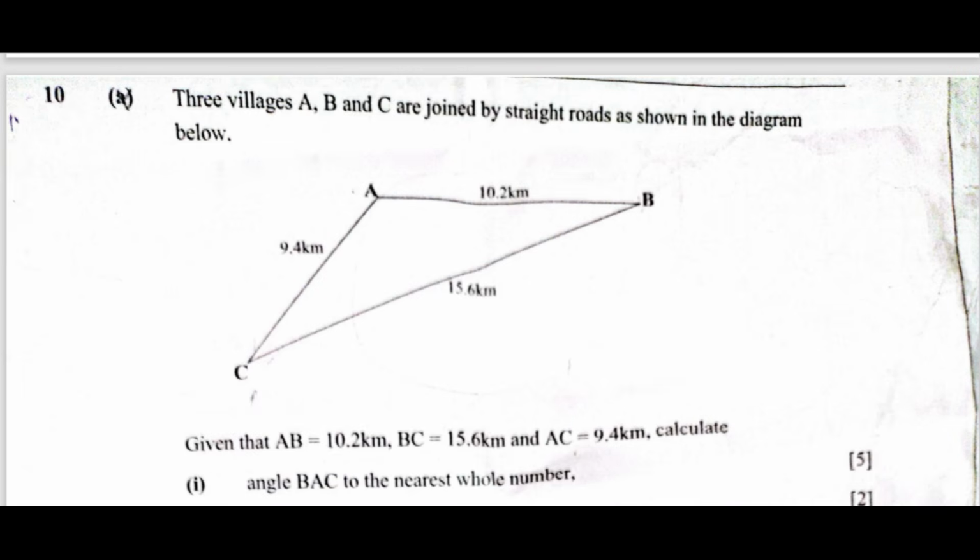So BAC, the middle letter is A, so our angle theta that we are calculating is here. So let's look at the angle with its corresponding side. So this side will be our A, then here will be our C, then this will be our B.